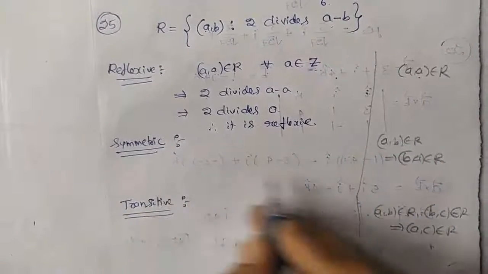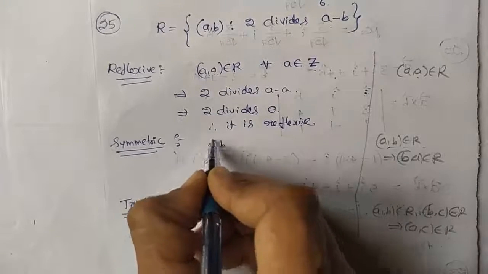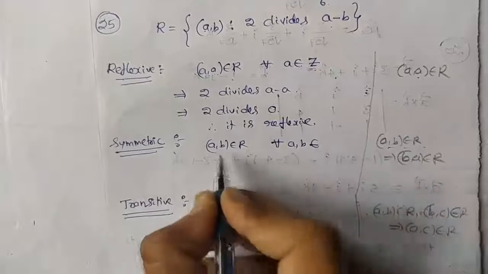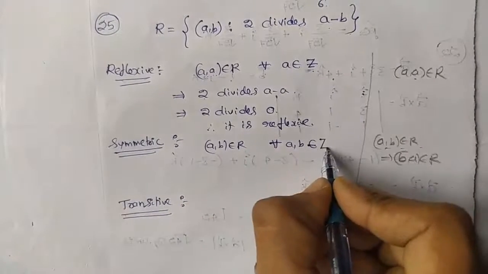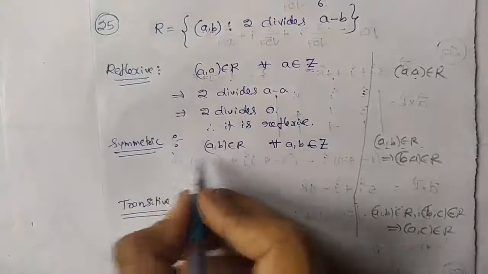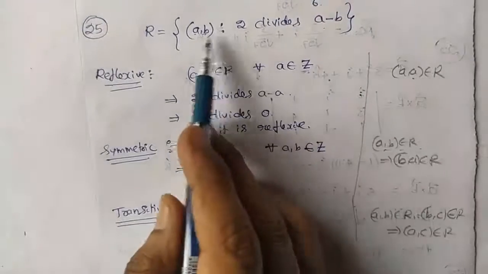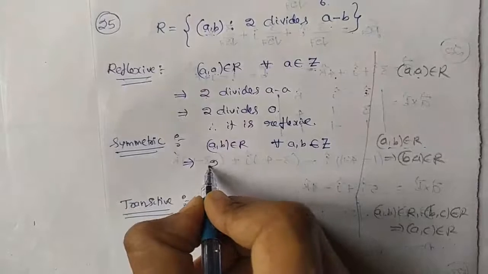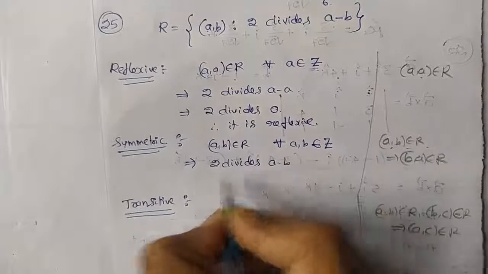Next, symmetric: if (a, b) belongs to R, then (b, a) belongs to R. Here a and b must belong to the integers, which is given in the question. If (a, b) belongs to R, then 2 divides a minus b.